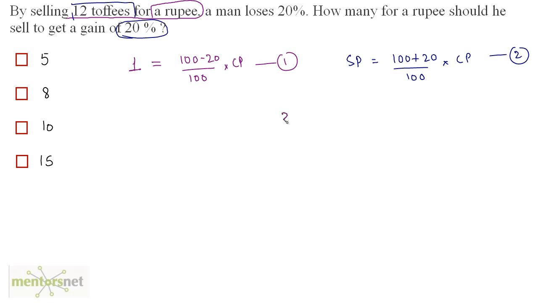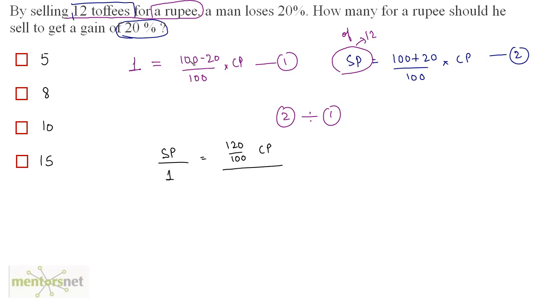Now we can divide equation 2 by 1 to get the selling price of 12 toffees. So on the left hand side we have selling price SP divided by 1, which is equal to 100 plus 20 by 100 times cost price. So 100 plus 20 is 120 upon 100 times the cost price, divided by 100 minus 20, which is 80 by 100 of the cost price.